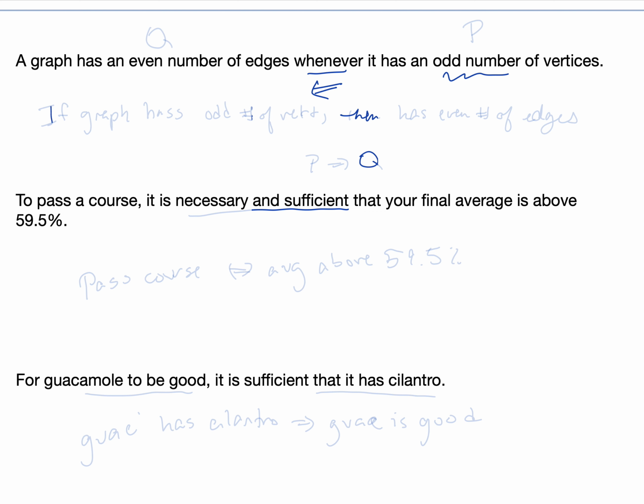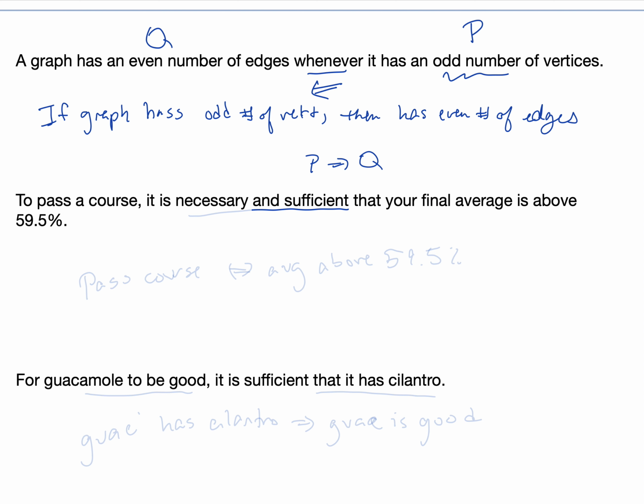That is, if graph has odd number of vertices, then graph has an even number of edges. So I'm abbreviating a little bit. So if a graph has an odd number of vertices, then the graph has an even number of edges. So in other words, this is our P and this is our Q. And so we're writing something of the form P implies Q.